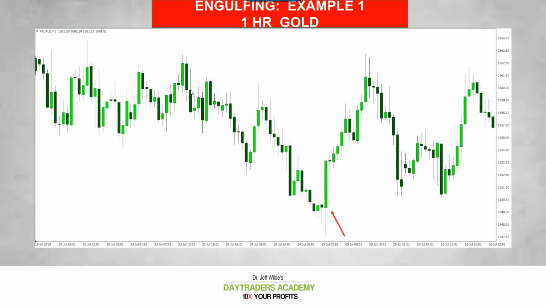Let's look at the engulfing patterns. This is like an extreme, but the thing to remember on the engulfing pattern, and this is a 1 hour gold chart. Market opened up here on this bar. It tried to take out the lowest part of this market. But rapidly the buyers flooded in and overwhelmed all this downward price activity.